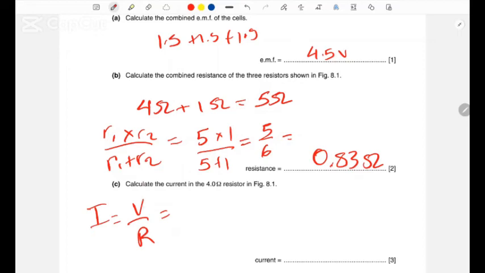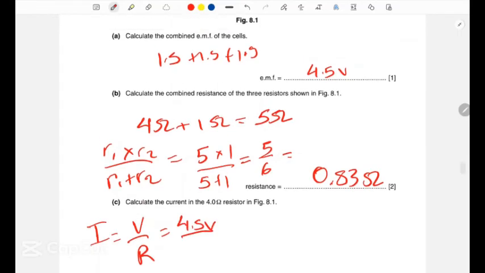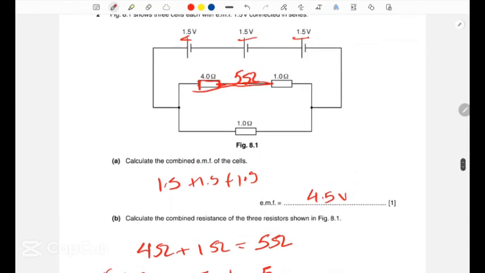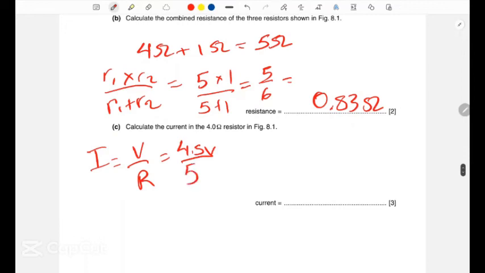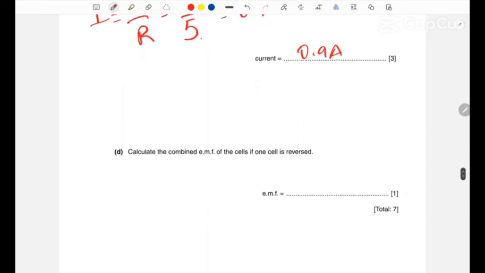The total voltage is going to be 4.5 volts, and we will use the resistance, which is 5 ohms, since these two are in series, and current in a series circuit is the same. So it's 4.5 over 5, which gives us 0.9. So our answer is 0.9 amps.